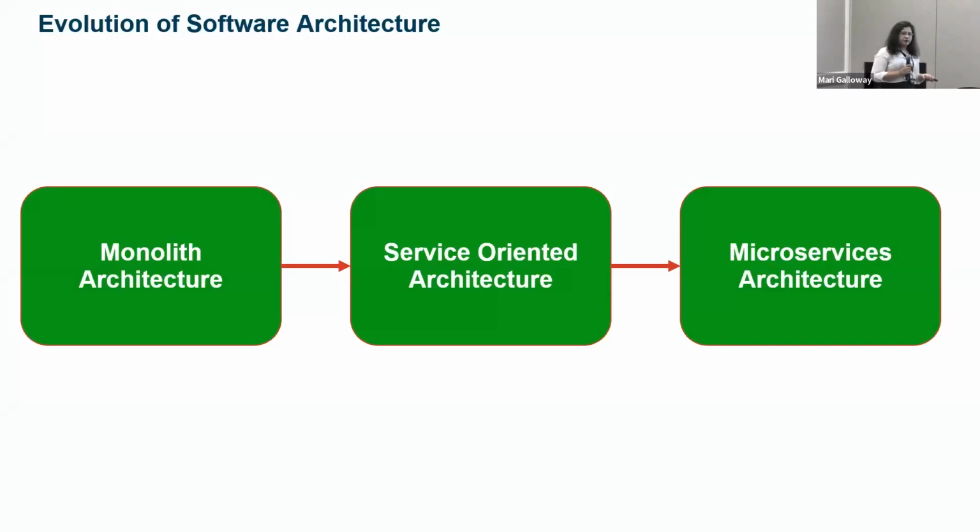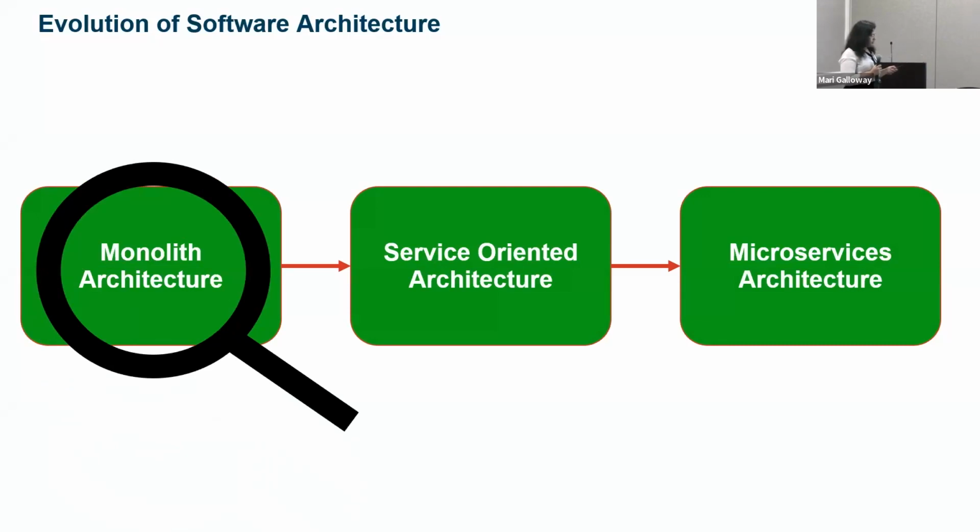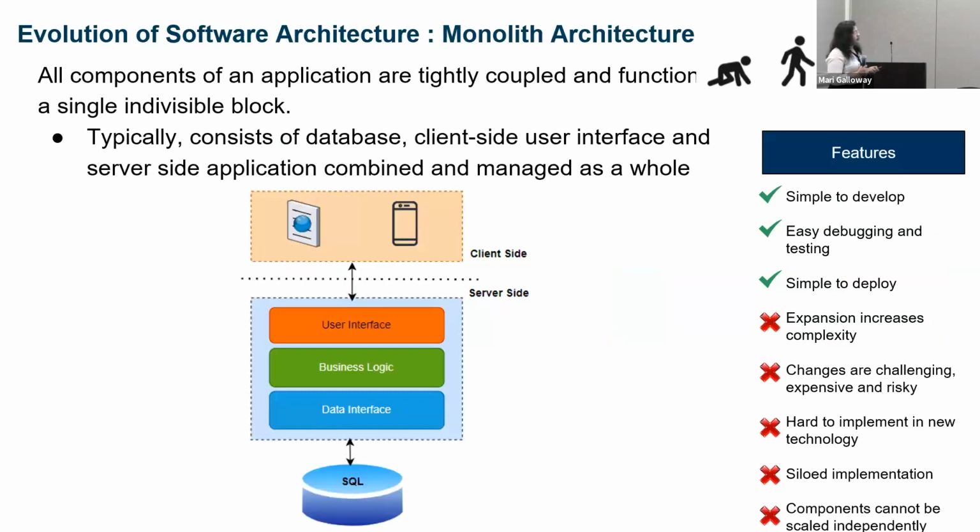So the software journey started with monolith architecture, moving on to service-oriented architecture, and finally to microservices architecture, which we have today. Now, let's look at what a monolith architecture is composed of. In a monolith architecture, all components of the application are tightly coupled together, and they function as one indivisible block.